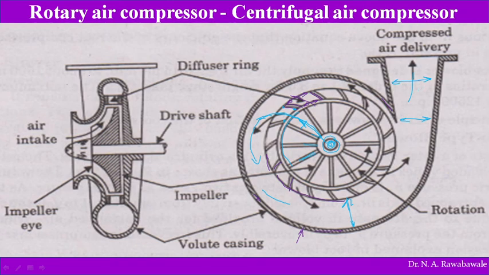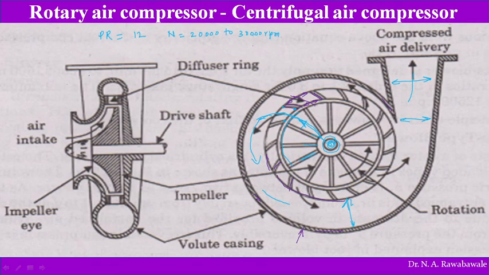That means the air velocity gets reduced and pressure increases. So this is how the air is thrown away in the centrifugal air compressor. The pressure ratio in the case of a centrifugal compressor is approximately 12, and the rotation is approximately 20,000 to 30,000 rpm, depending on the type of air compressor.